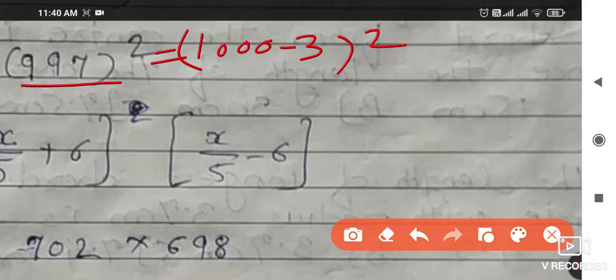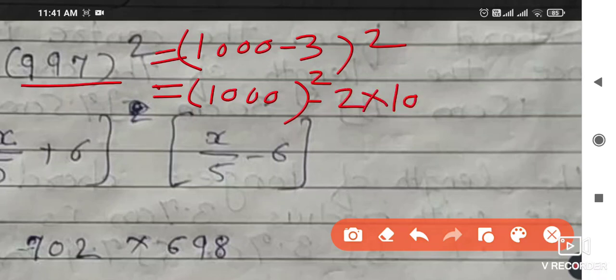As you know, you solve it by the (a - b) square formula. (a - b) square is a square, meaning 1000 square, minus 2 into ab, meaning 2 into 1000 into 3, plus b square, meaning 3 square.